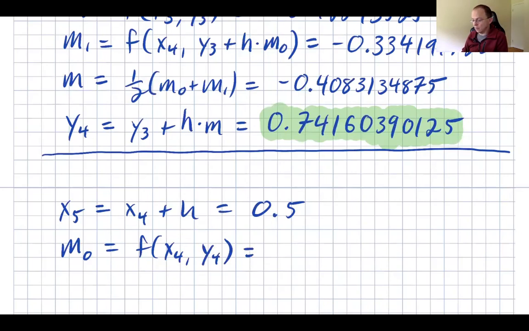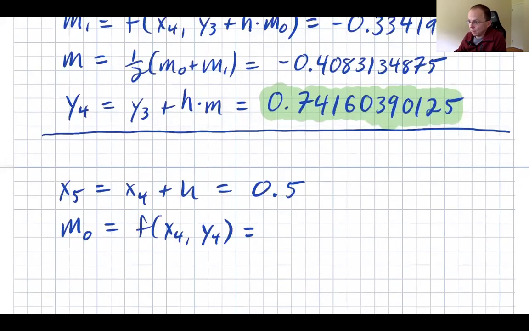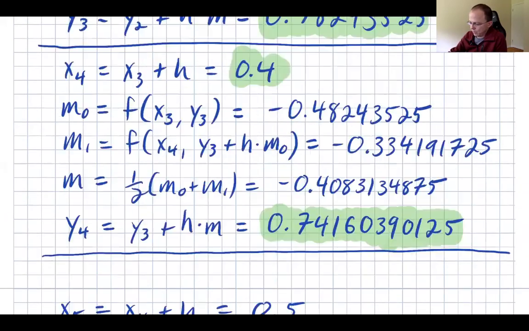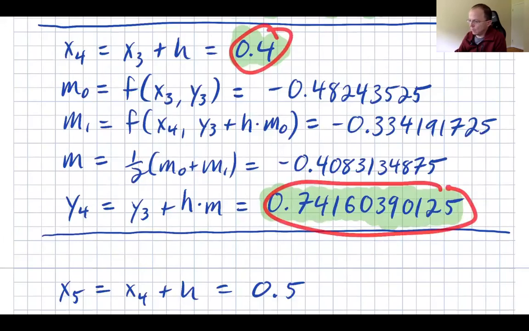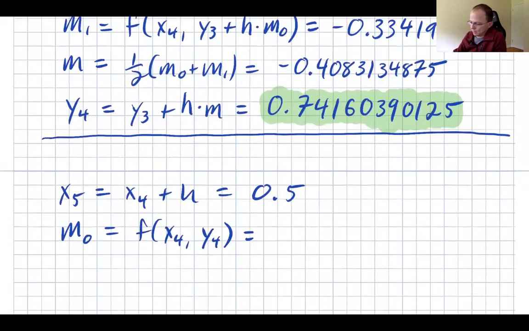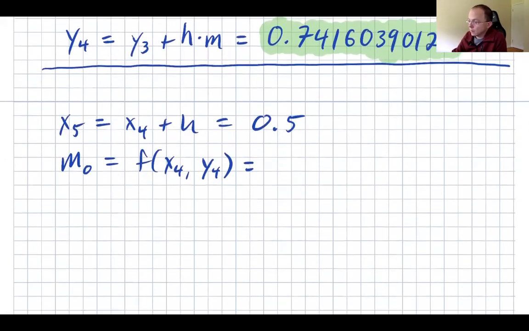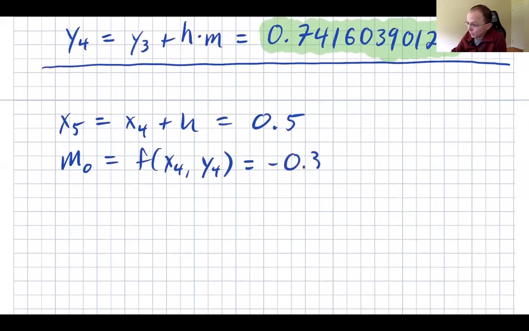Let's see. Okay, right. So I plugged in these values, so I did this minus this guy, and I'm getting negative 0.3416039012.